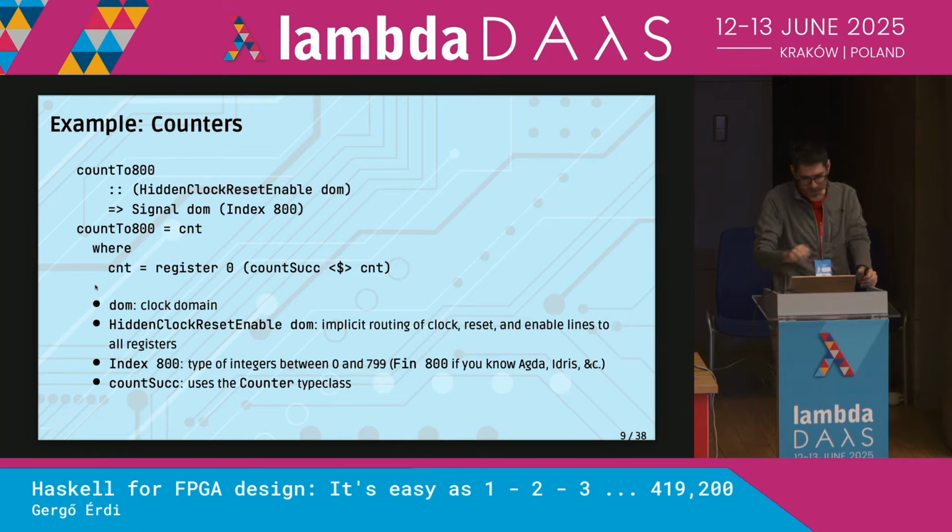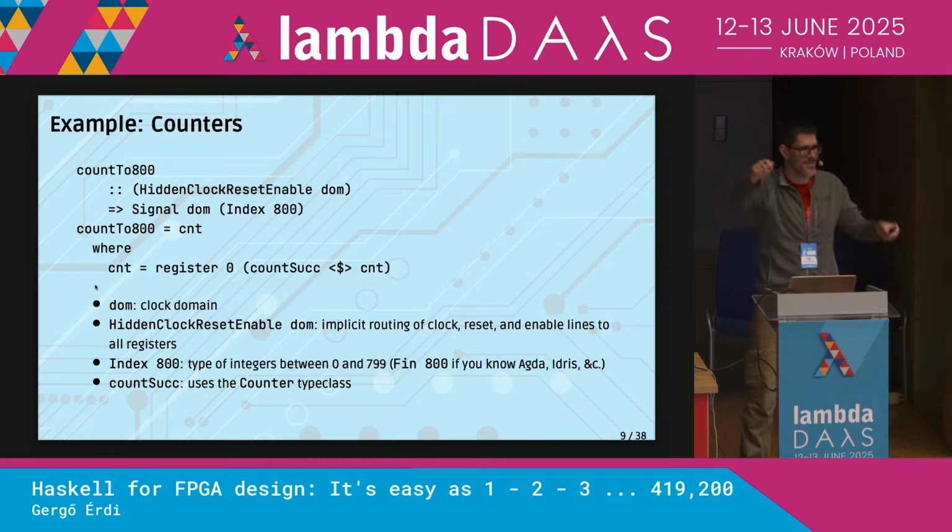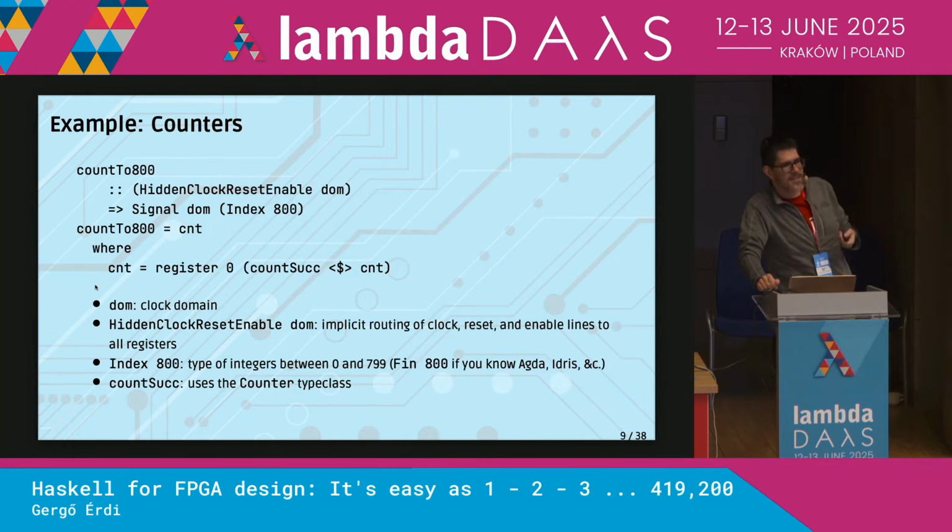But on its own, if we do this, what are some interesting things here? We see this hidden clock reset enable constraint. It just means that Clash will hook up all the reset and clock lines behind the scenes for you, because otherwise a lot of your code would be just routing the same clock everywhere. And Index 800 is an interesting type if you're not used to modern Haskell with index types, because the 800 is at the type level.